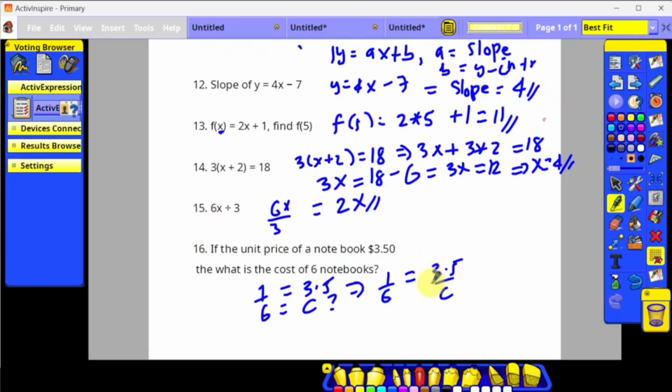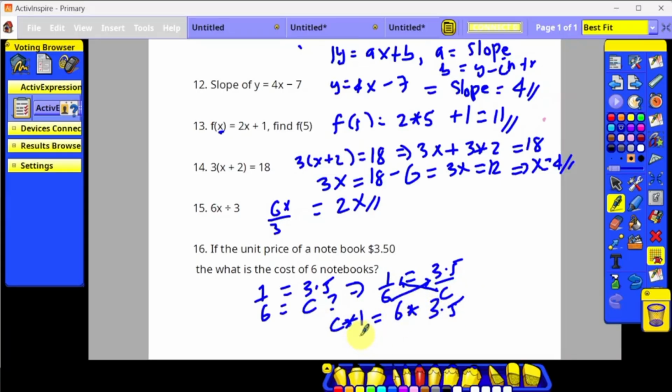So you crisscross this way: first you multiply this one by this, and next you multiply this one, equate to that. 3 times 1 is equal to 6 times 3.5.